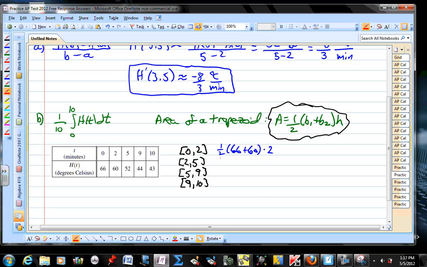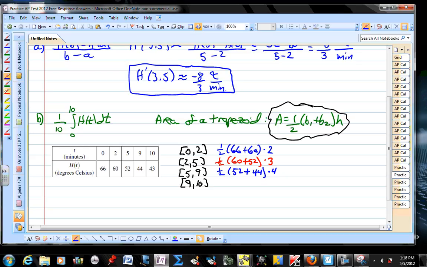Then from 2 to 5, we're going to have 1/2 times 60 plus 52 times the height, which from 2 to 5, that height will be 3. From 5 to 9, we'll have 1/2 times 52 plus 44, and the height of a trapezoid on the interval from 5 to 9 will be 4.